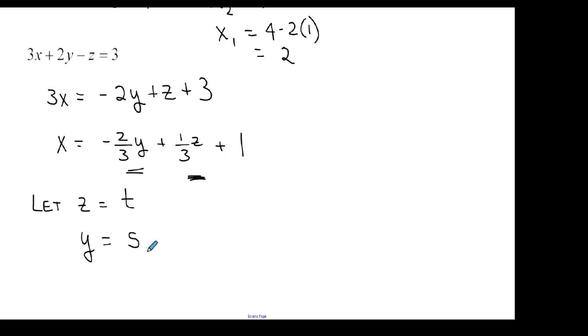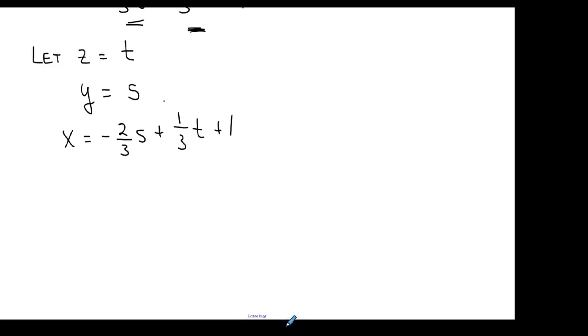So renaming z and y using t and s, we then can say that x is equal to negative 2/3 times s plus 1/3 times t plus 1.